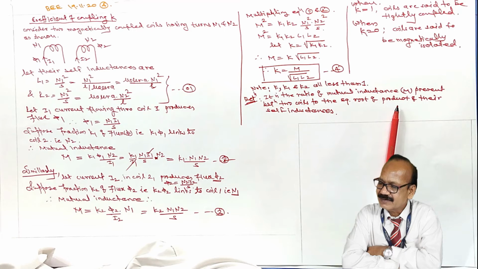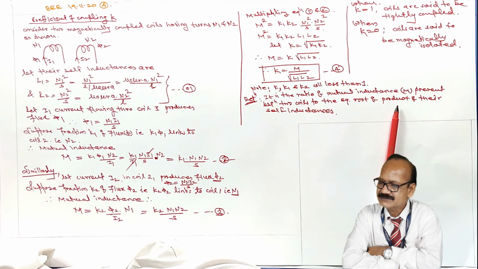Now when the coils are tightly coupled, there is no magnetic leakage at all. In actual practice, it is not possible without leakage. So still we can say K equal to 1 when coils are tightly coupled. That means there is no magnetic leakage.